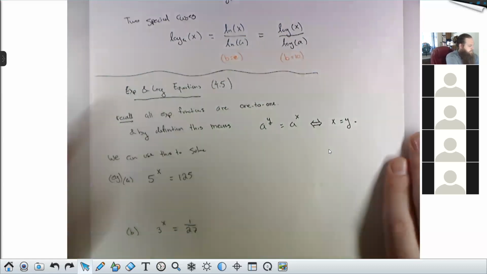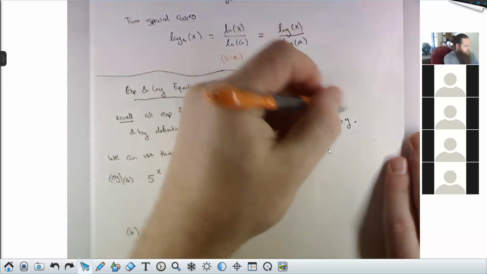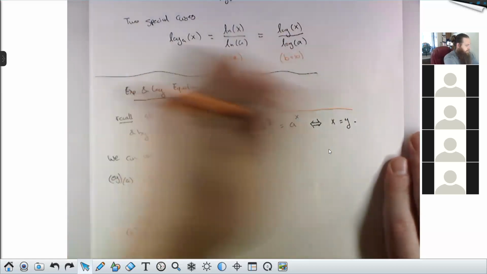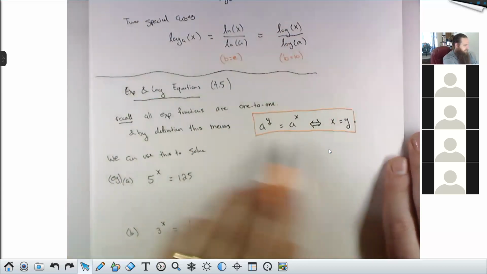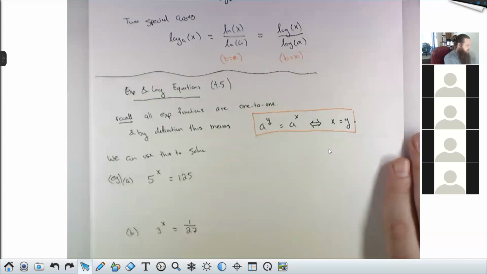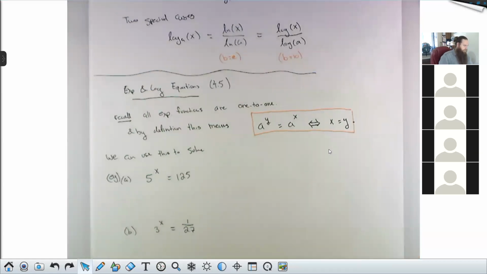So what I want to do is make use of this fact. It doesn't matter that x is on the left and y is on the right. The way we do this is if the base is the same on both sides, then you can set the powers equal. If you've got an equation and both sides are 5 to something, then you can just set the somethings equal to each other and solve from there.